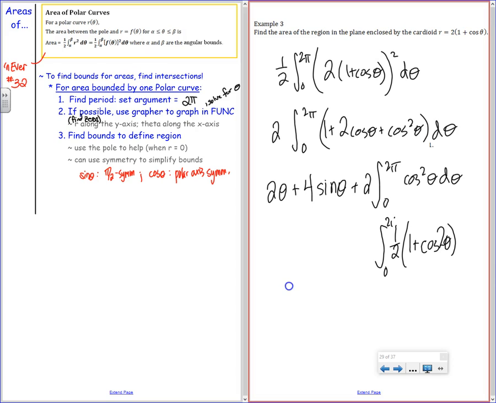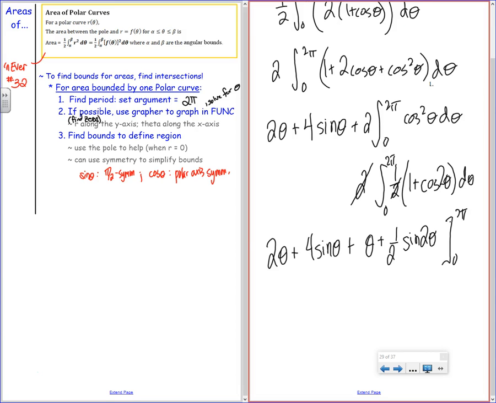And why does that make the impossible possible? I can integrate this guy, right? So now I would end up with theta plus, don't forget your u sub, sine of 2 theta times 1/2, and I still have my 4 sine of theta, 2 theta, and all of that is from?